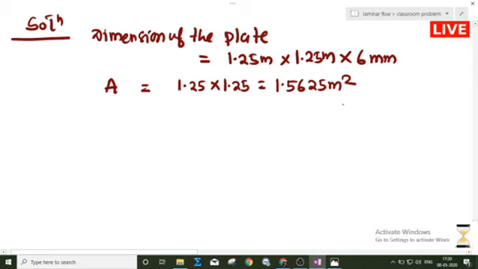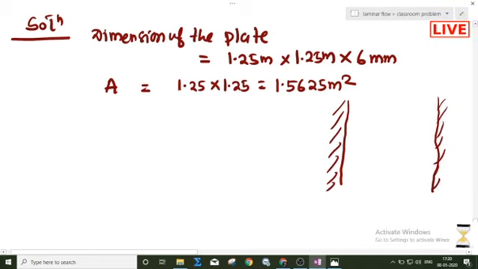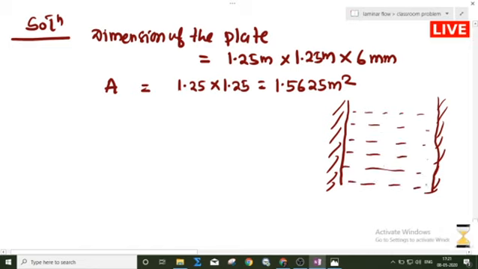So let me draw the figure for you. These are the two sides given to you, the fixed ones. In this, the square plate will be there, and in this zone the oil will be there. This is the oil, and the square plate is here. So this is the thickness of the plate.